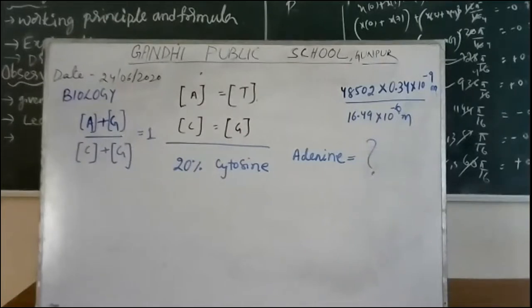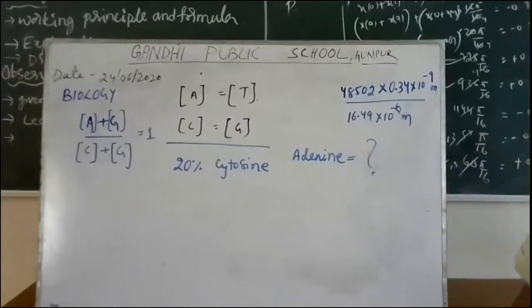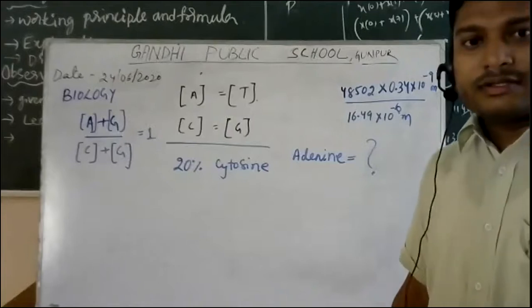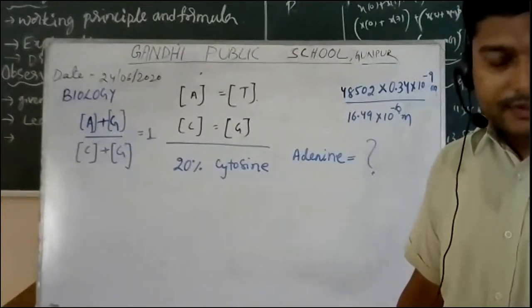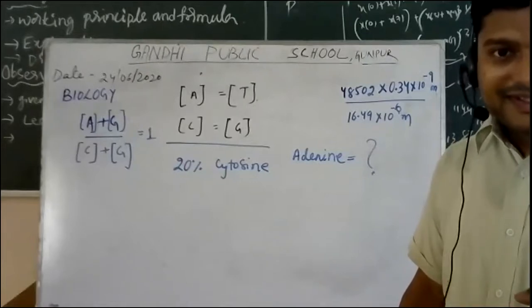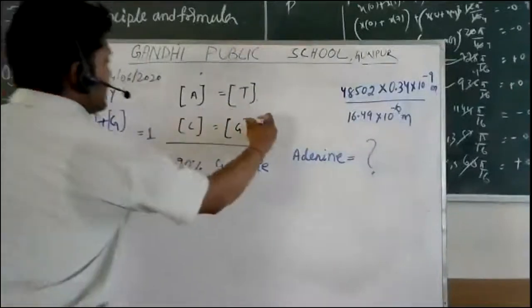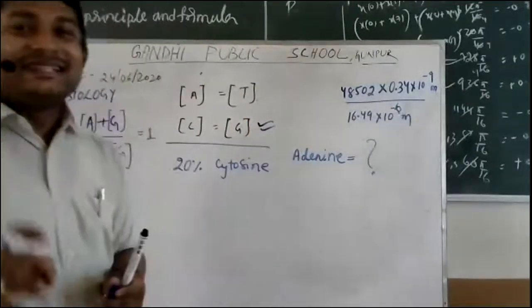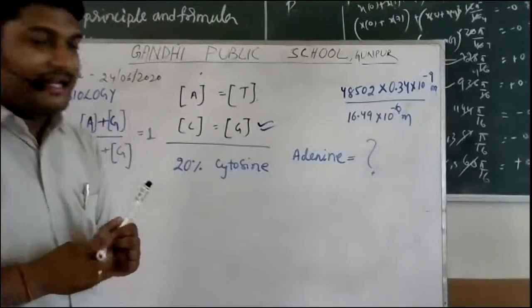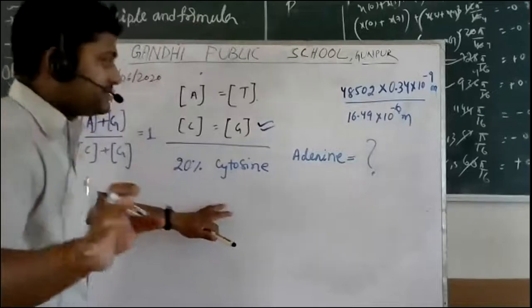Cytosine is equal to guanine, sir. So if cytosine is 20%, then guanine is also 20%.